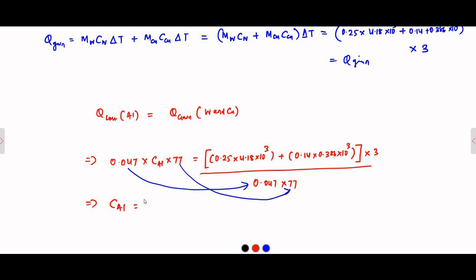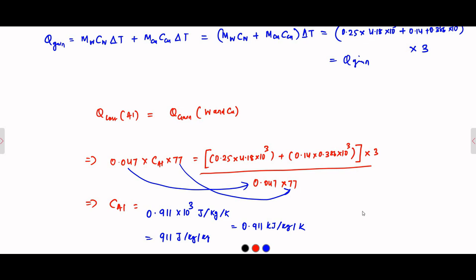So the specific heat of aluminium is coming around 0.911 into 10 to the power 3 joule per kg per Kelvin, or we can write it as 911 joule per kg per Kelvin, or 0.911 kilojoule per kg per Kelvin.